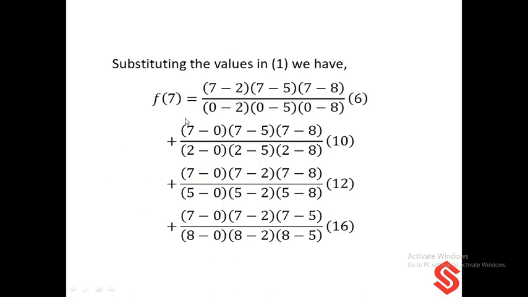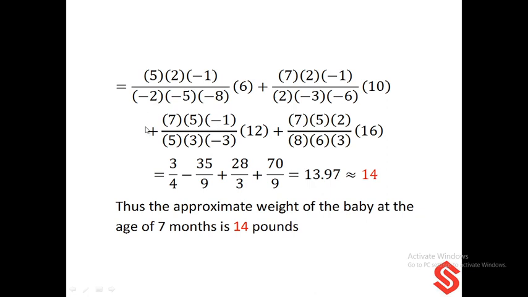Now let us substitute the values of x0, x1, x2, x3, y0, y1, y2, y3 and simplify. We get 3 by 4 minus 35 by 9 plus 28 by 3 plus 70 by 9.